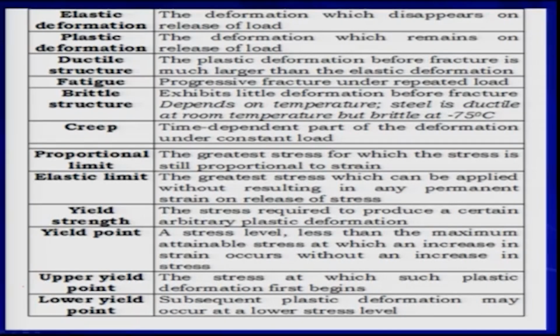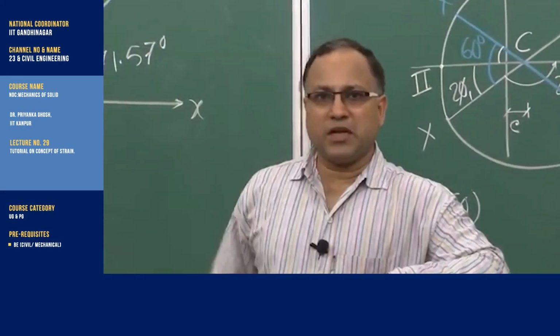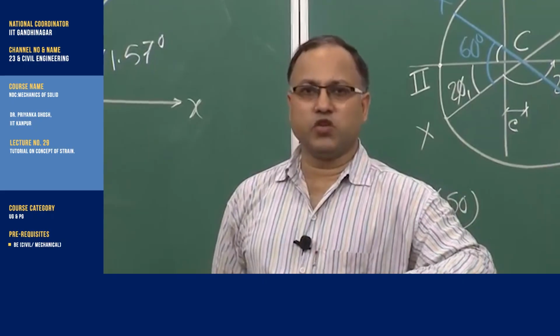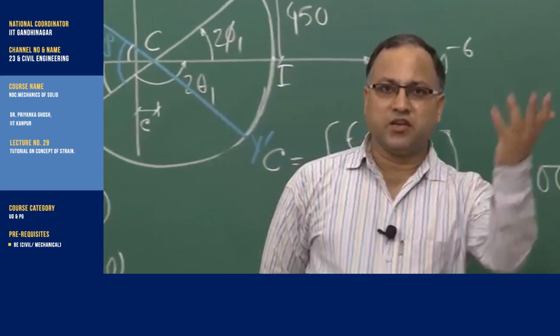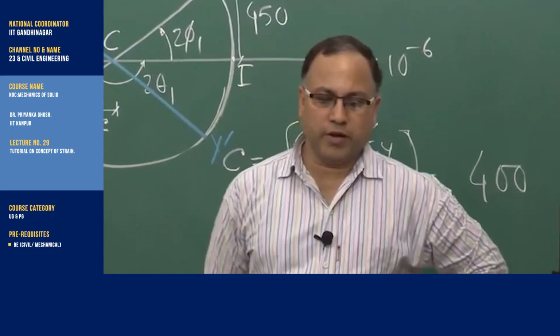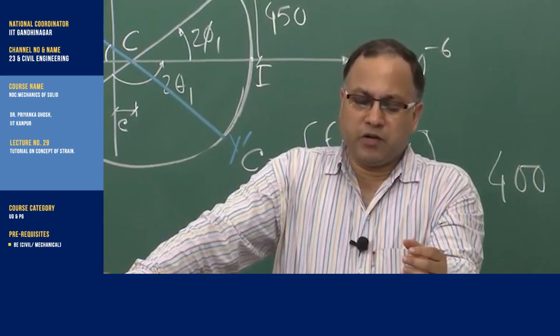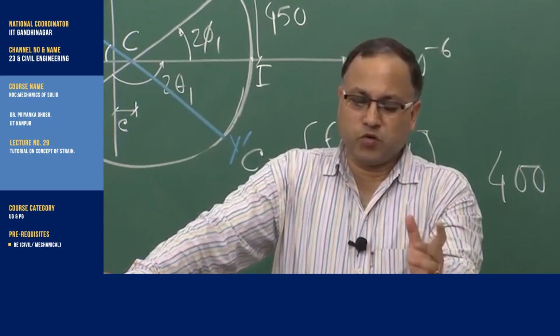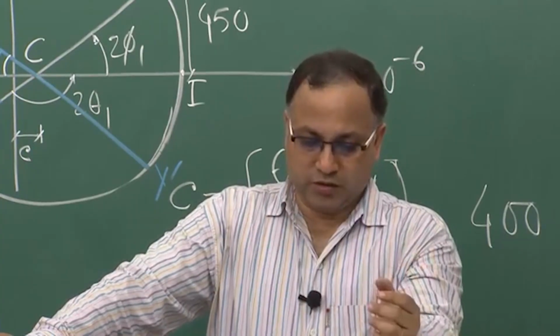A material showing this kind of behavior, that means a high amount of plastic deformation, is known as a ductile structure, say something like steel. Because these terms will be frequently used in this chapter, you should get accustomed to these terminologies.